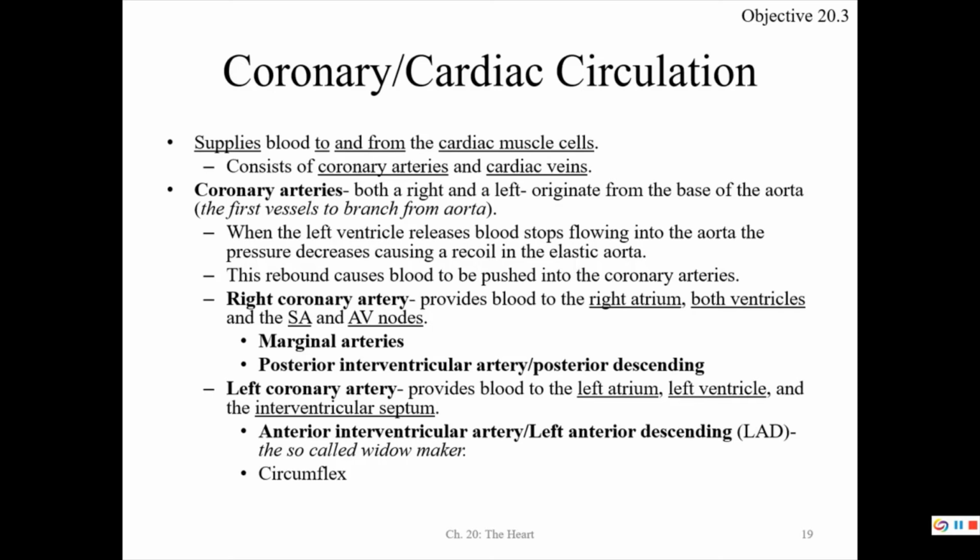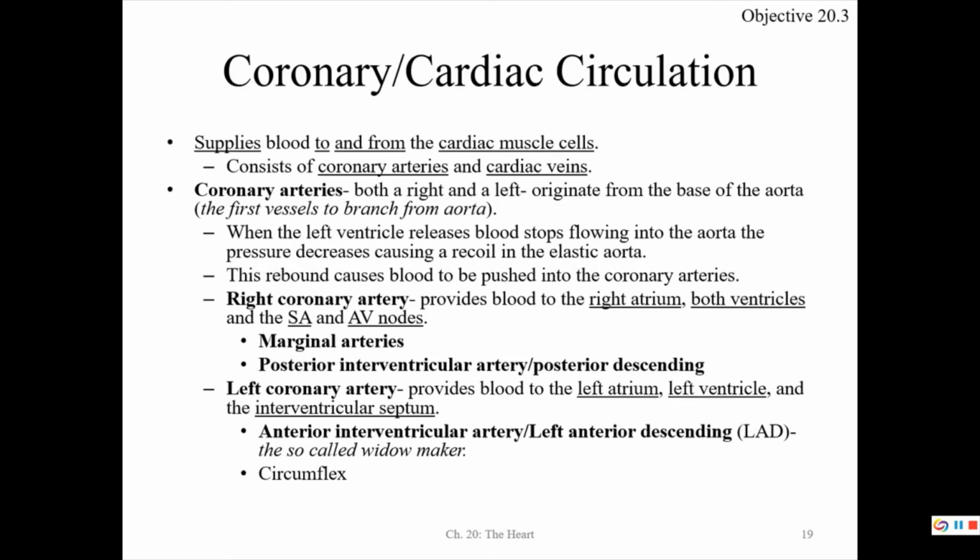As the left ventricle squeezes, blood goes out the aorta, then it relaxes and blood flows back down the aorta, and the elastic recoil of the aorta will cause blood to go into the coronary arteries, kind of like filling gutters as it rains off of your house, and then collecting it down the downspout. Okay?